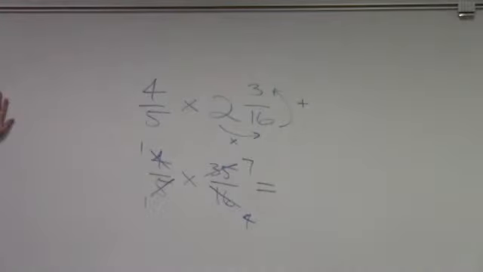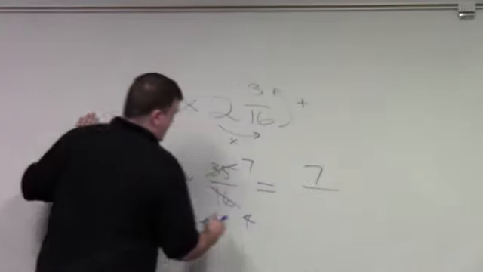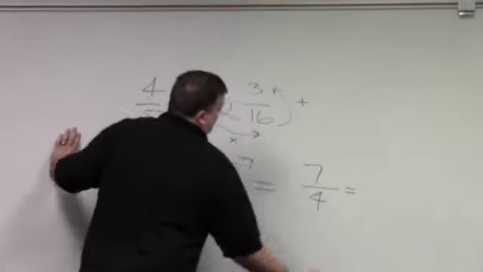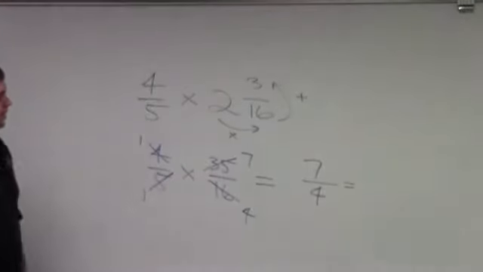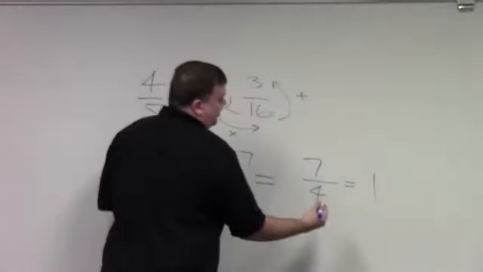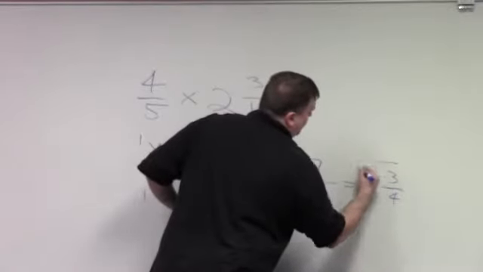Changes the problem into a pretty easy multiplication problem again. 1 times 7 is 7. 1 times 4 is 4. Now all I have to do is change that into a mixed number. 4 goes into 7, 1, with a remainder of 3 in the denominator of 4.